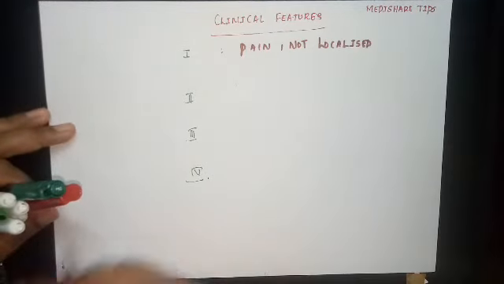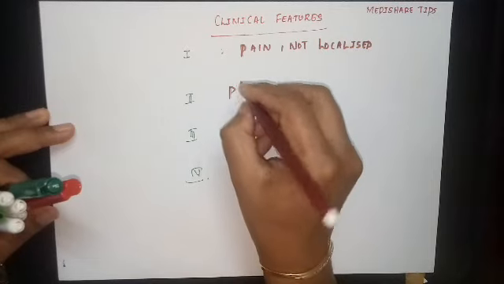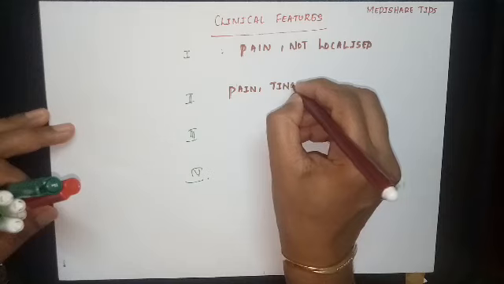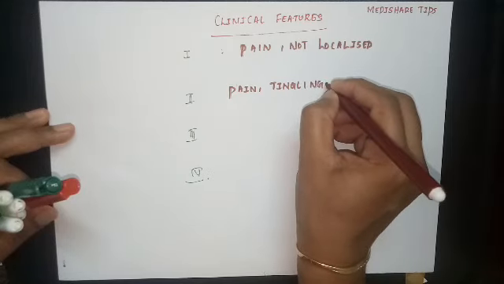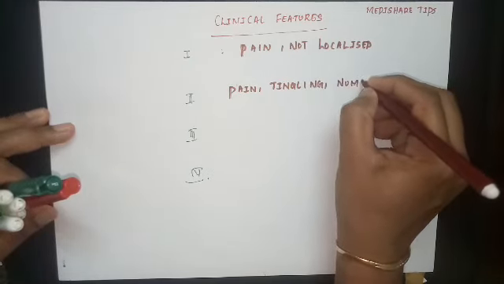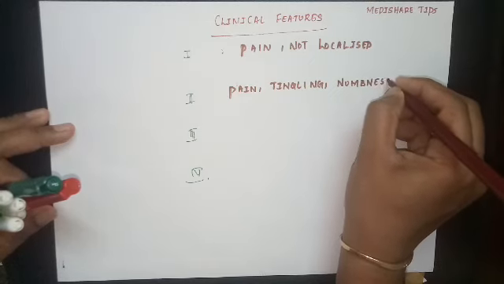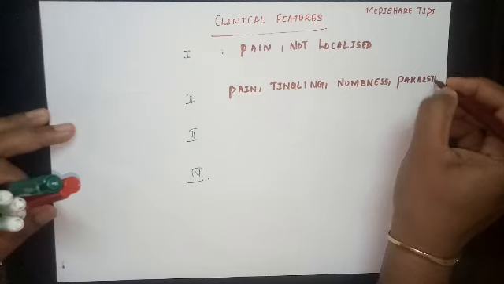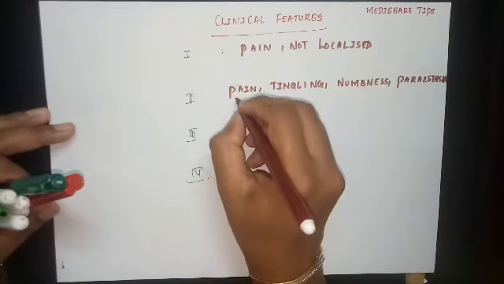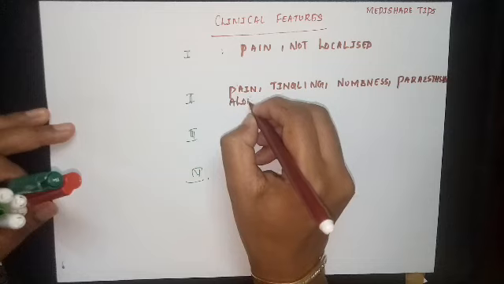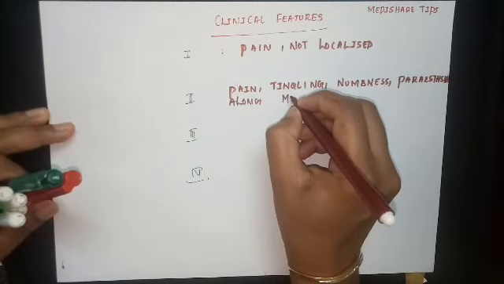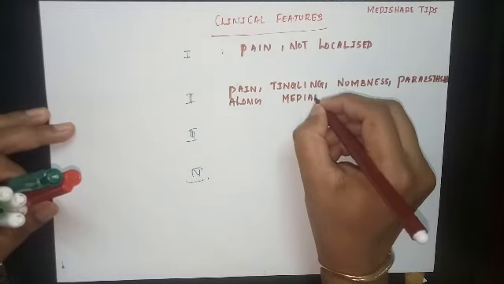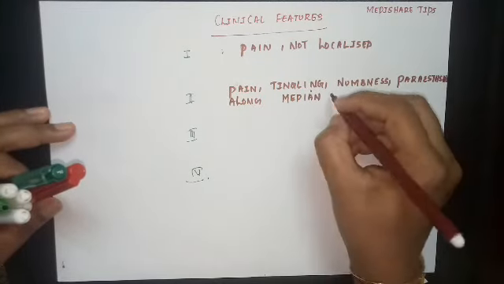And at the second stage, the patient will be having pain, tingling, numbness, paresthesia along the distribution of the median nerve. So it is a localized pain, tingling, numbness and paresthesia.